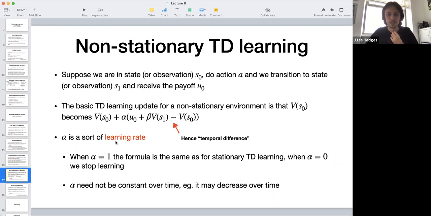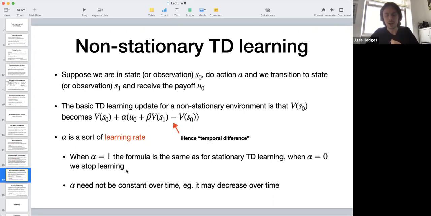Now, you can see that when alpha is 1, this term is going to cancel out with this term, and we're going to get back exactly the formula that we used before for value iteration. So we can see this as an extension of value iteration. And at the other extreme, when alpha equals 0, we stop learning.